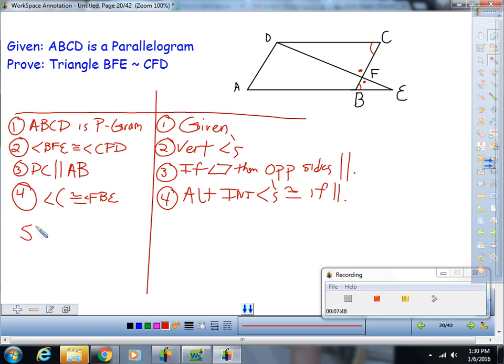And now I've got triangle BFE is congruent to triangle CFD by AA postulate. Okay?